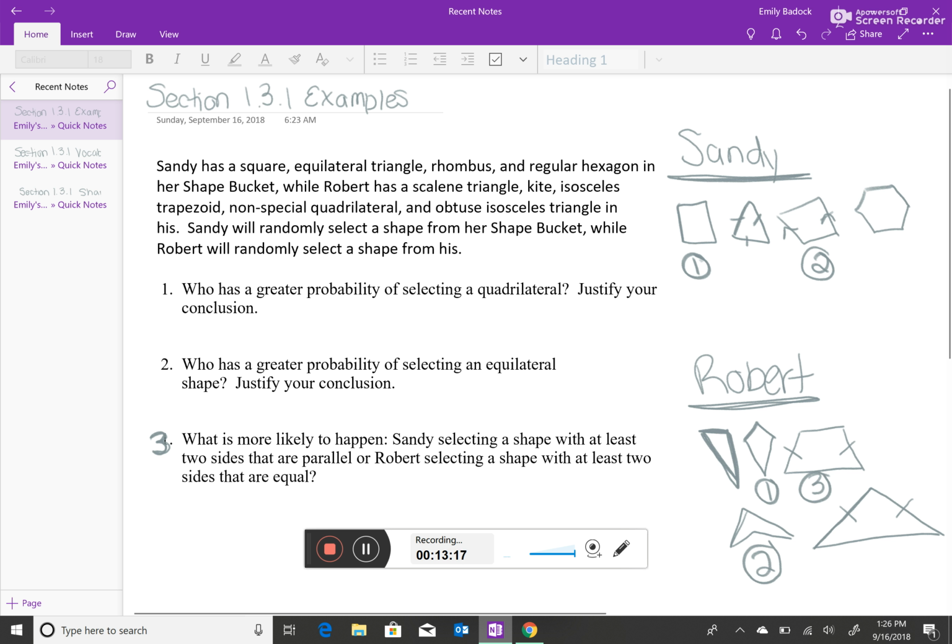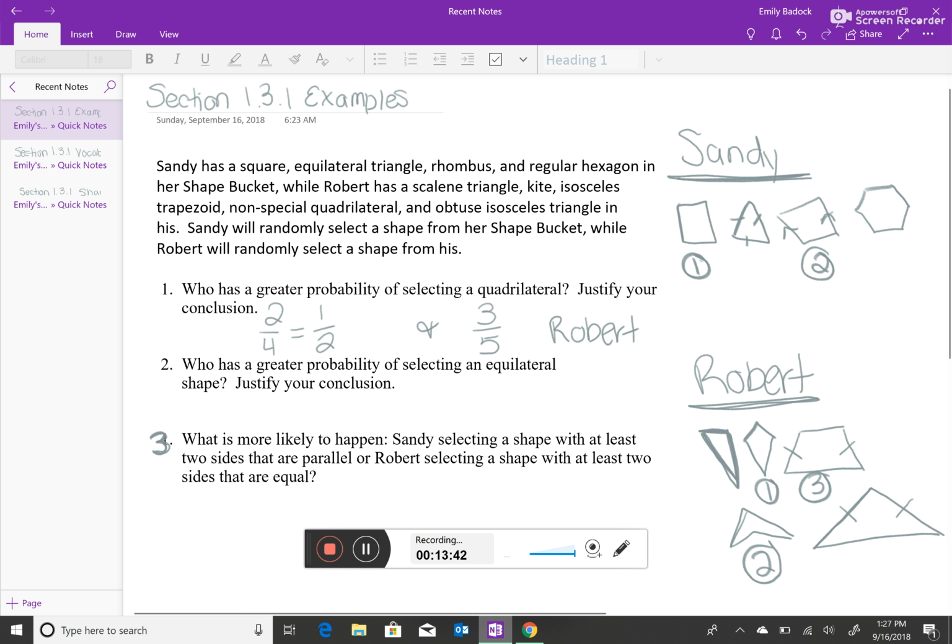So we have our fractions: 2 over 4 for Sandy, which really equals 1/2, and for Robert, we have 3 over 5. If you were to plug those into your calculator, get a decimal, or just do some calculations, you know that Robert would win this one. So Robert has the greater probability for that one.